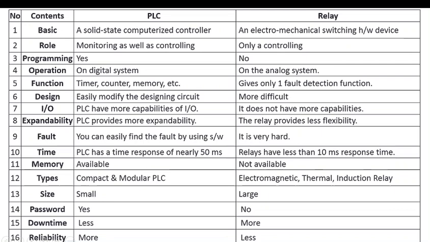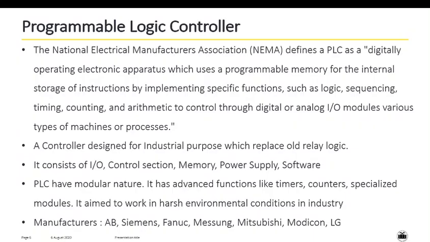PLCs are more reliable, while electromechanical relays are less reliable. There are many advantages of PLCs. That's why electromechanical relays are hardly used in automation now. PLCs are preferred over electromechanical relays. So what is a PLC?